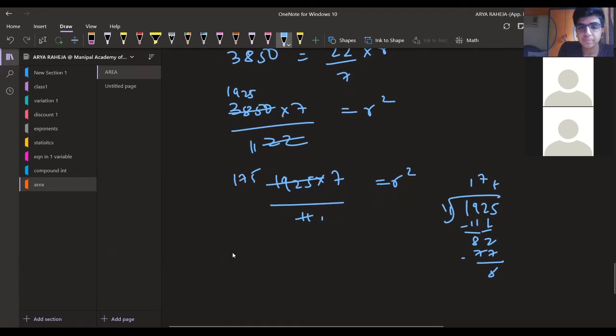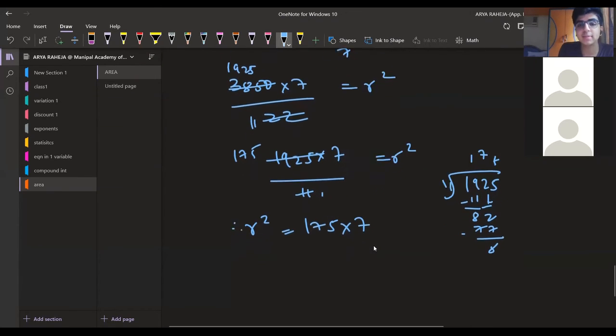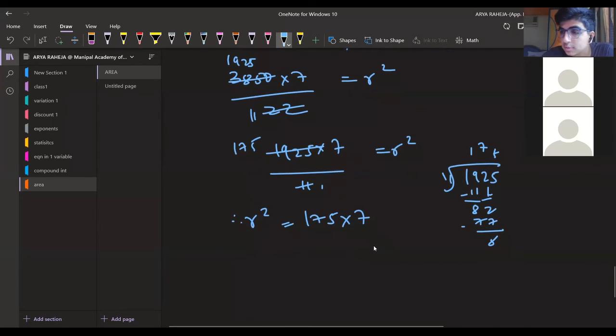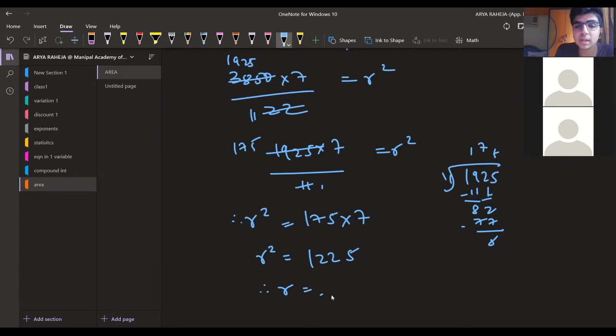So therefore, radius square is equal to 175 multiplied by 7. Okay, now multiply these both fast. If you multiply them, it comes out to be radius square is equal to 1225. ठीक है, ये जल्दी तुम लोग को करना है अभी. You don't just believe me, you need to solve it yourself. And then therefore radius is equal to square root of 1225.